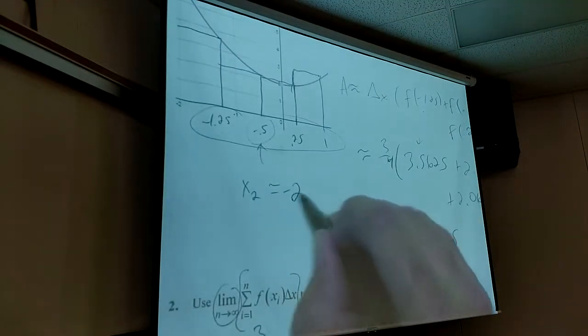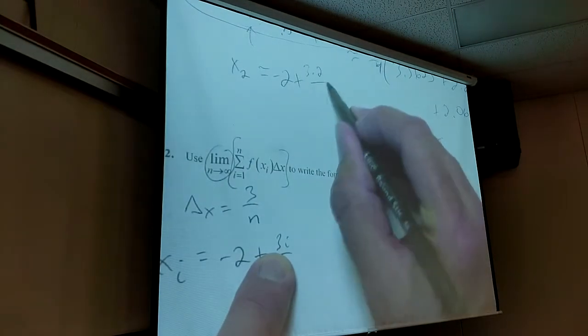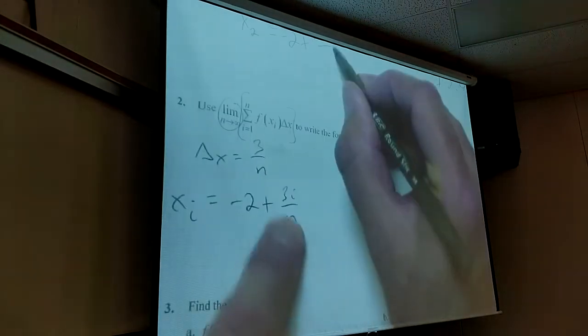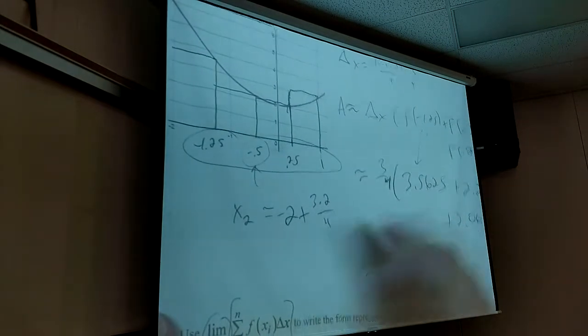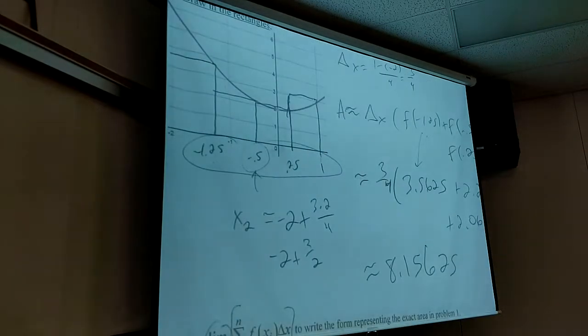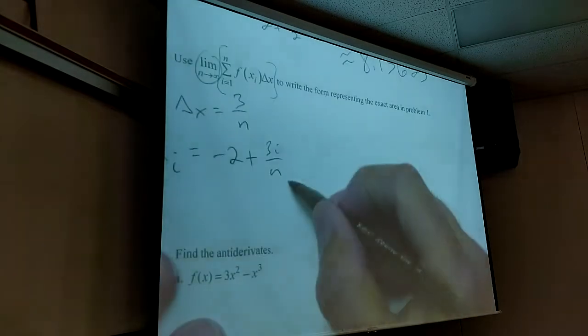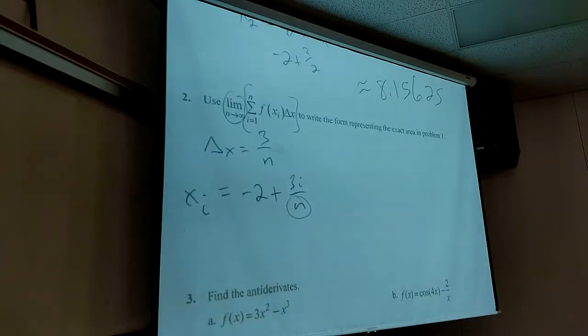Negative 2 plus 3 times 2, because now I want the second one, divided by, for this one it was 4 rectangles. So what's negative 2 plus 3 halves? Negative 0.5. Yay. So this expression shows you how to figure out all these things for any number of rectangles. That's why that expression makes sense.